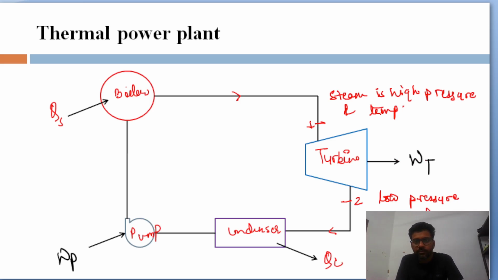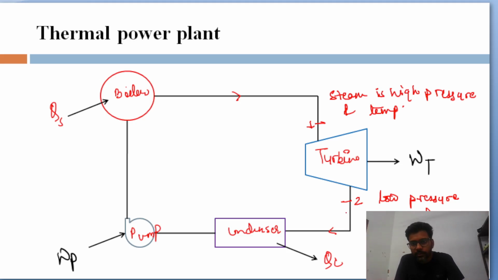The turbine is a simple rotor in which several rotating blades are arranged such that it produces work by expanding the steam. We will not go into more detail of the turbine, we just overview it.